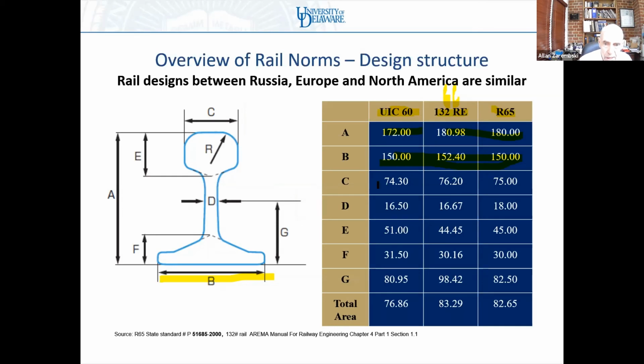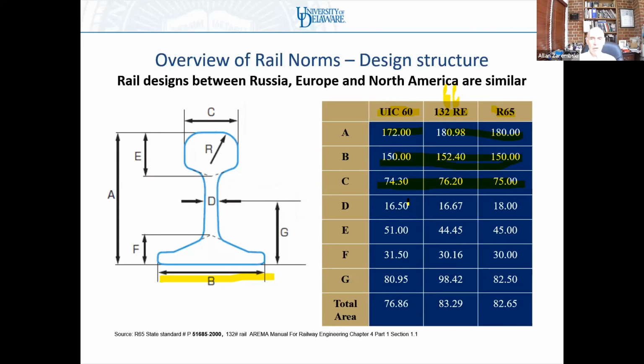Width of the railhead is very comparable all the way across. Then the height of the railhead, and the neutral axis. You can see the designs are not all that dissimilar, but there are subtle differences between them. And quite honestly, there's a political issue involved here. The Russians have to have their own section, the Americans have to have their own section, and the Europeans have to have their own section.